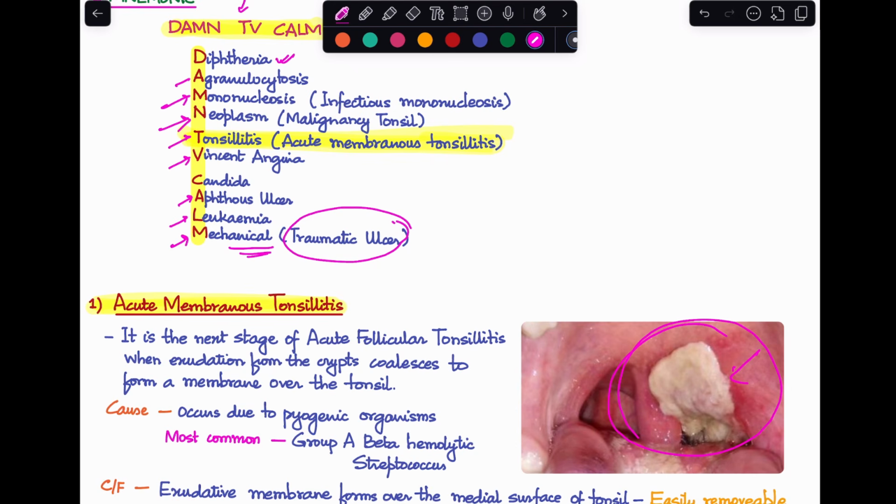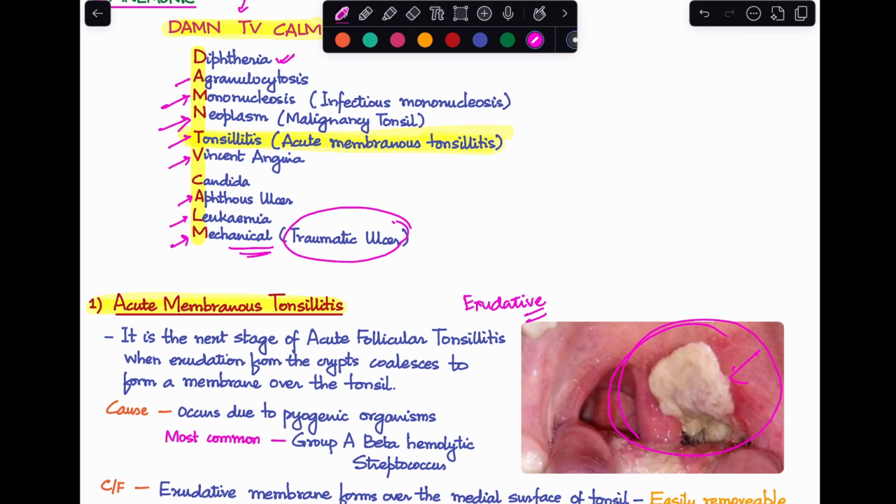Acute membranous tonsillitis is basically the next stage of acute follicular tonsillitis. The common cause is mostly pyogenic organisms, but the most common cause to remember here is the group A beta hemolytic streptococcus. The membrane we are seeing here is actually an exudative membrane.